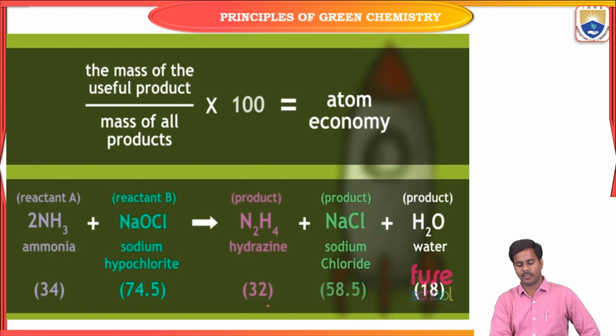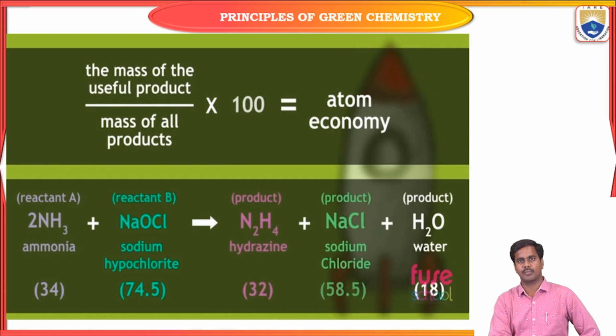If you observe, the percentage of hydrazine is 32, which is very low compared to the sodium chloride. So first we should minimize the formation of NaCl and water by using a different green synthesis method.